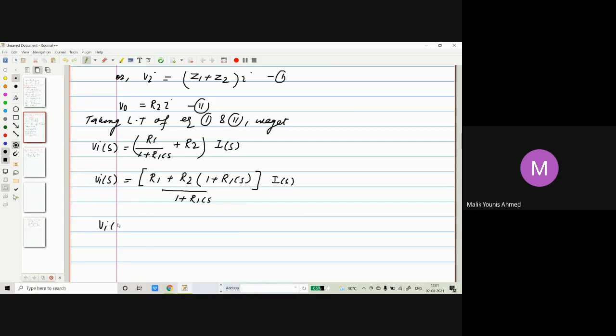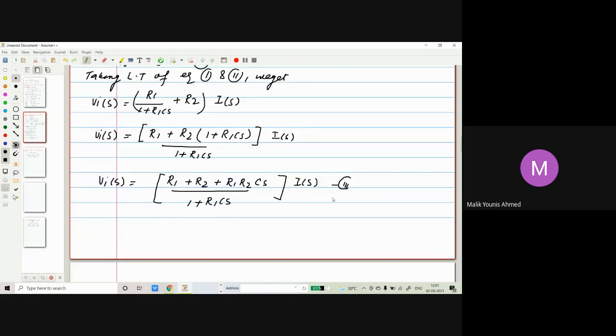Vi of S is written as (R1 plus R2 plus R1 R2 C S) divided by (1 plus R1 C S), and this whole is multiplied by I of S. So let's call it equation number three.